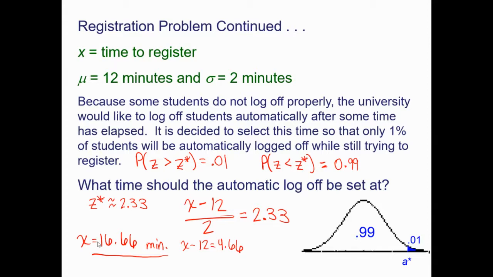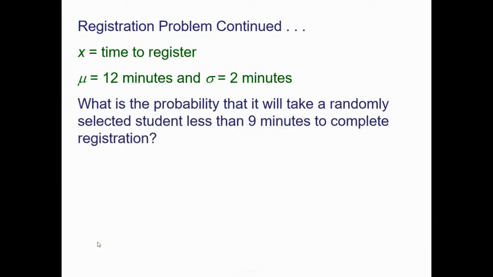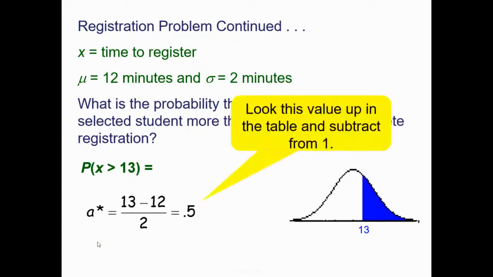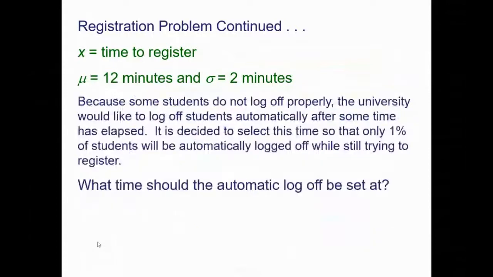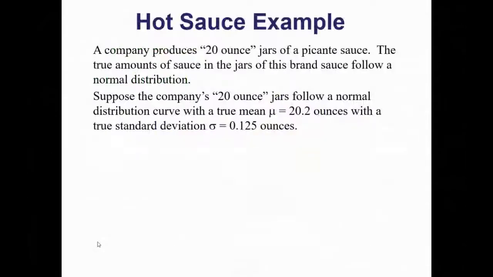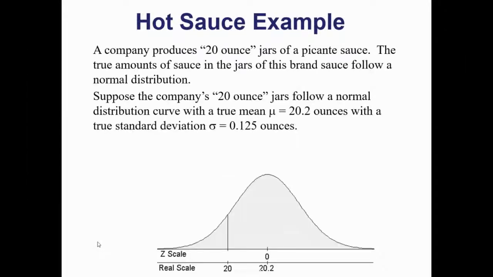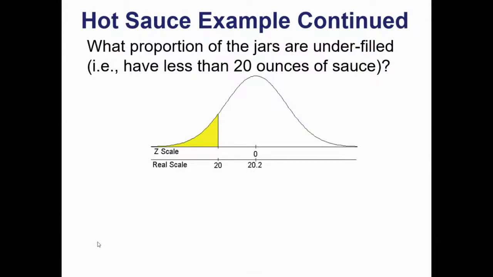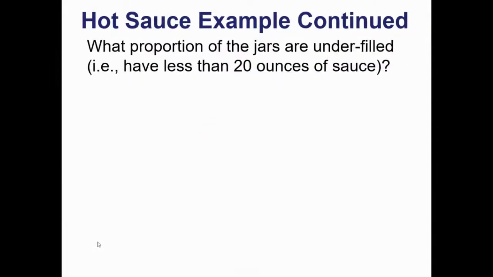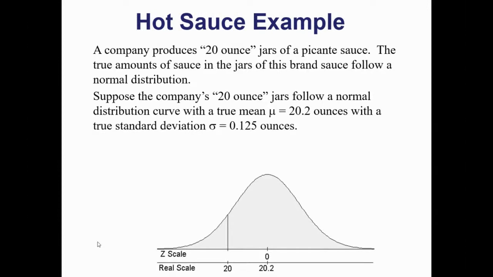Okay, next one. These are just solutions. So they give us a hot sauce example. They sell 20-ounce jars of pecan sauce. The true amounts follow a normal distribution with a mean of 20.2 and a standard deviation of 0.125.